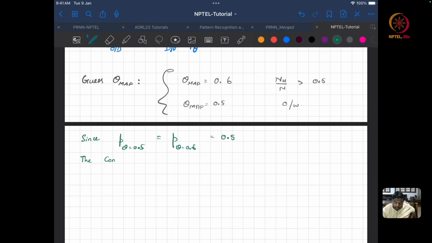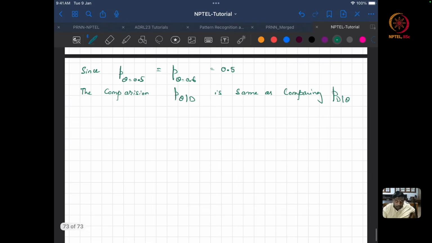The comparison of P of theta given D is the same as comparing P of D given theta. Correct? So now I can find the likelihood ratio.